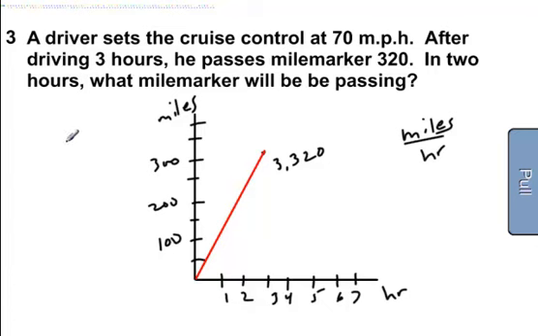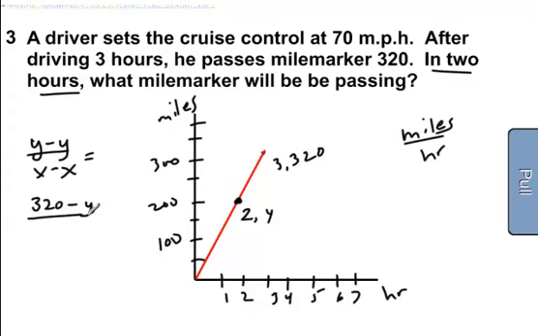Now, I know I'm going 70 miles an hour. So, I have another point somewhere here. We know this is going to be 2 hours, but we don't know the y coordinate. Remember it says, in 2 hours, what mile marker will be passing? So I'm just going to do my slope formula. Remember, y minus y, x minus x. So I have 320 minus this y.